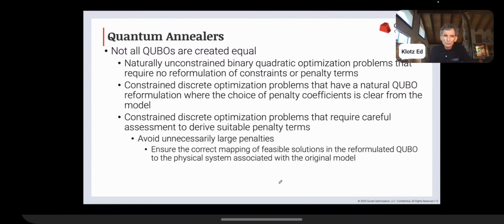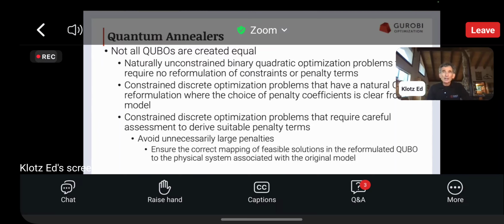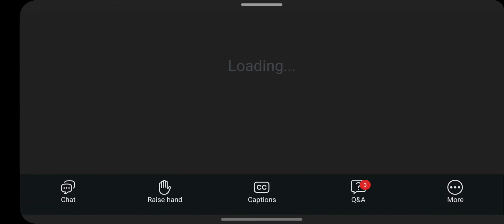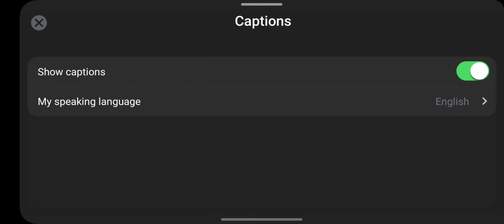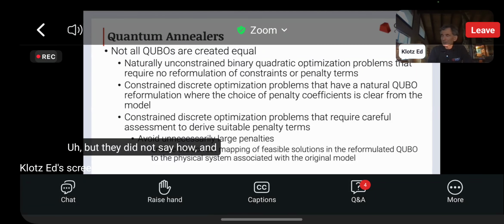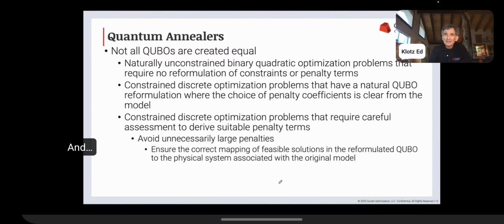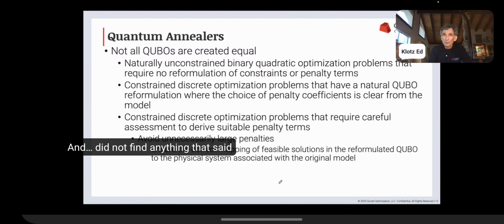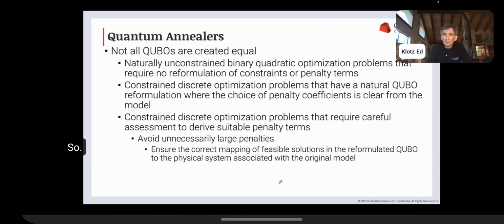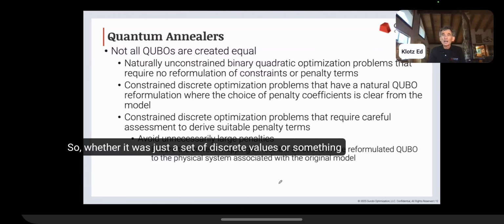I did listen to a recent keynote speech from D-Wave, and they talked about how they have added support for continuous variables, but they did not say how. And I searched a bit and asked ChatGPT and did not find anything that said how they were supporting that. So whether it was just a set of discrete values or something else, I don't know.